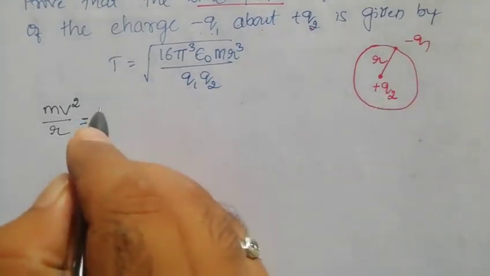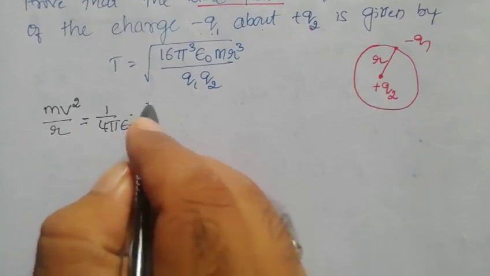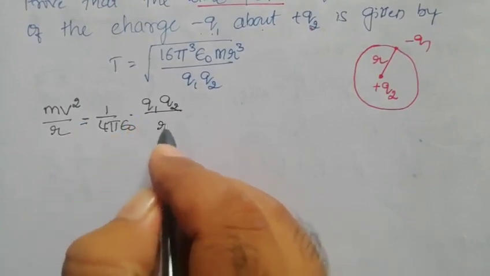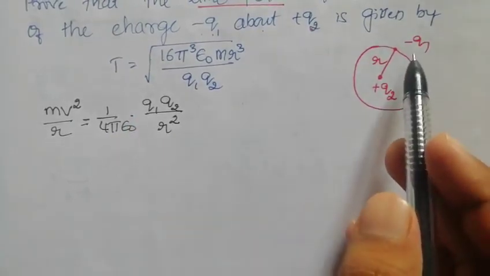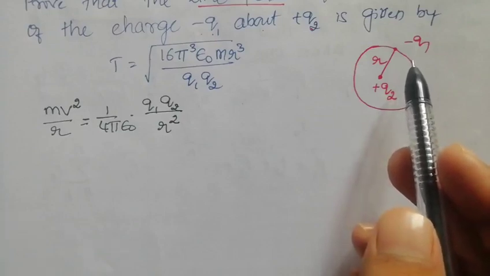So thus I write 1 by 4 pi epsilon naught q1 q2 by r square, as the distance is r. Students, you need to remember here we never take the negative sign, because Coulomb's law states we take only the magnitude of the charges.